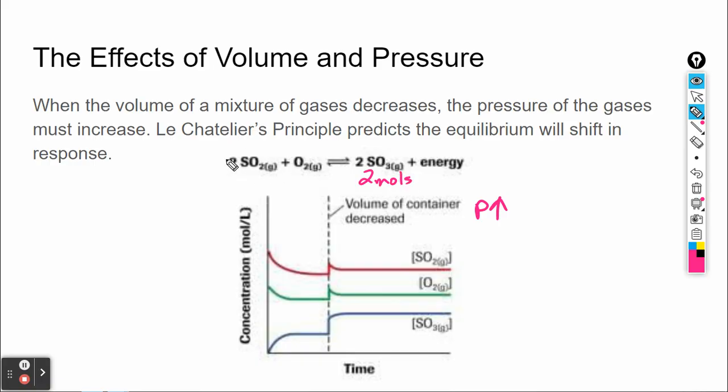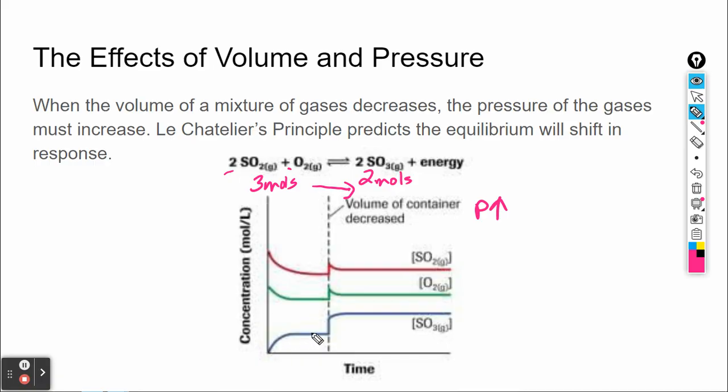On the left-hand side, I have 1, 2, 3. In order to compensate for this increase in pressure, the equilibrium will shift toward the side that has fewer moles of gas. Well, that's toward the side of the SO3.